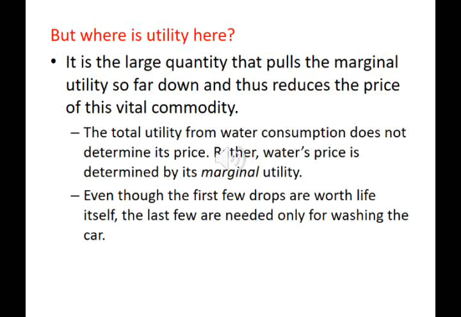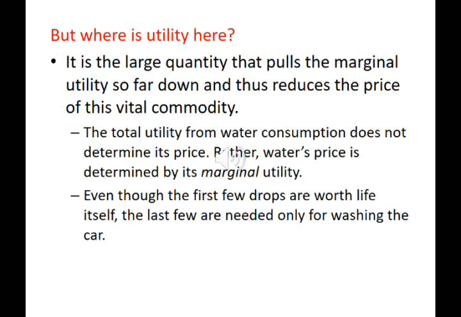If you remember the law of diminishing marginal utility, the more we have of a good, the more we have of a commodity, the lower the marginal utility we get from this commodity. The same applies for water.